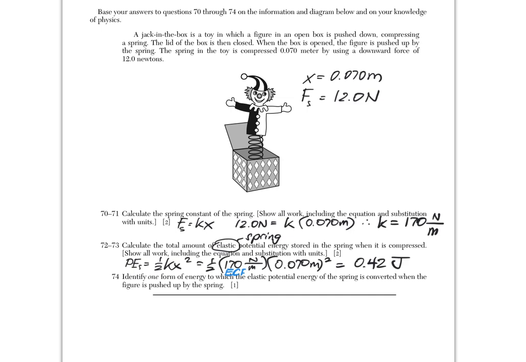All right, then 74, identify one form of energy to which the elastic potential energy of the spring is converted when the figure is pushed up by the spring. So what does the Jack-in-the-Box toy do? You have a spring that pushes the toy out, which then comes zooming out of the box. So the spring potential energy becomes kinetic energy, but then eventually that kinetic energy stops and the toy is now out of the box, up above the box.